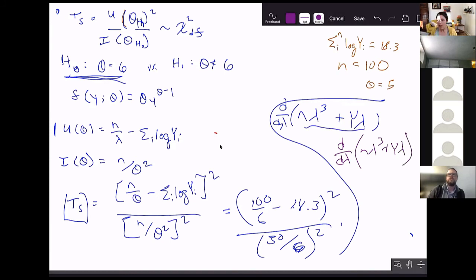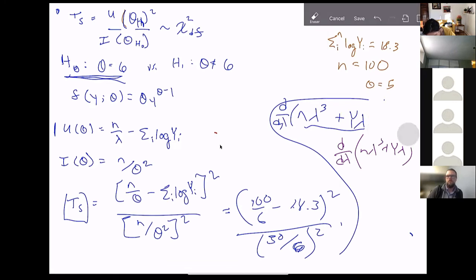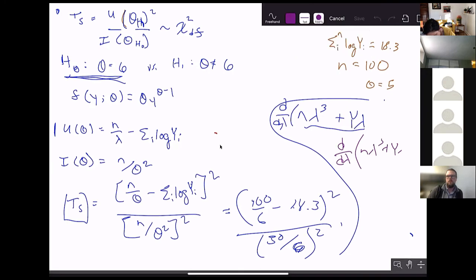Anything that is not lambda is going to be treated as constant. Actually, let's throw in another n: n times lambda cubed plus y times lambda plus n. What's the derivative of this going to be?